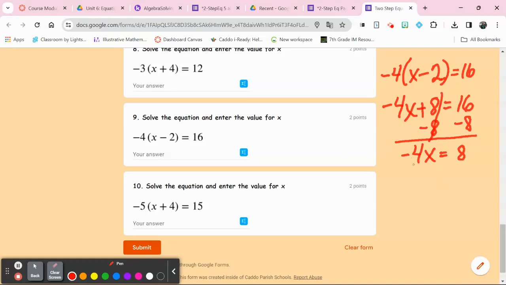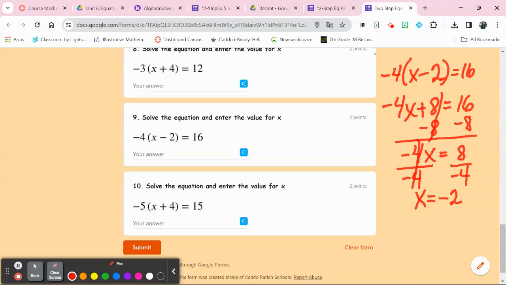The opposite of multiplying by negative 4 is dividing by negative 4. That gives me 1x, or x. On this side, I've got one negative, so I've got a negative, and then I divide 8 divided by 4. Negative 2.